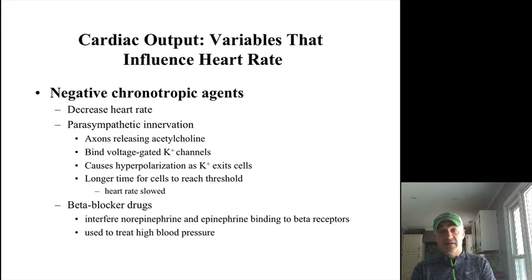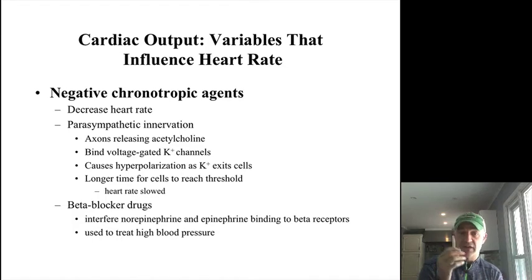Negative chronotropic agents, on the other hand, are anything that is going to decrease heart rate. First off, this is parasympathetic innervation, releasing acetylcholine and binding to those muscarinic receptors. It leads to hyperpolarization by opening up more potassium channels. This takes longer for your SA node to reach threshold and is therefore going to slow down the heart rate.